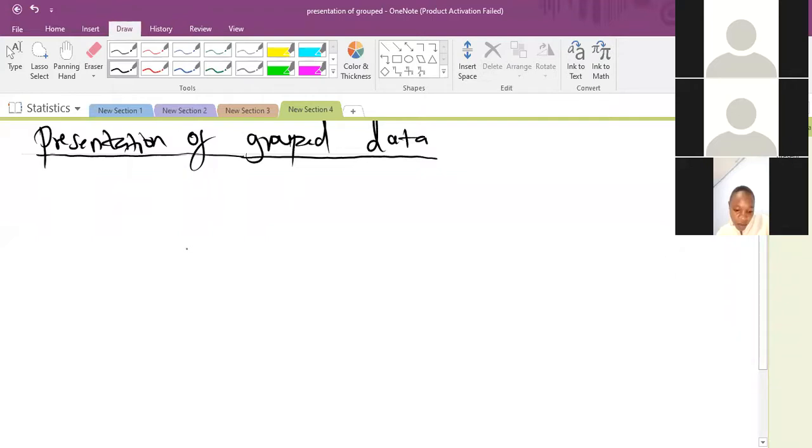Let's say you're given some data and you're asked to write a frequency distribution table. You group it. So, frequency distribution table.